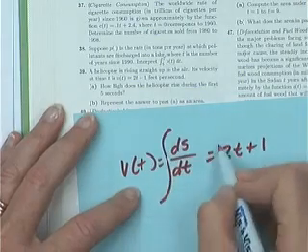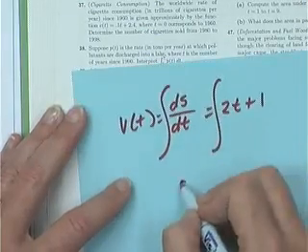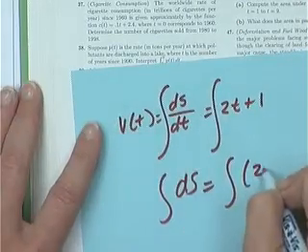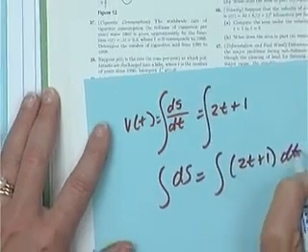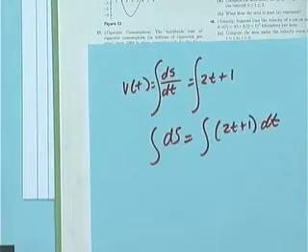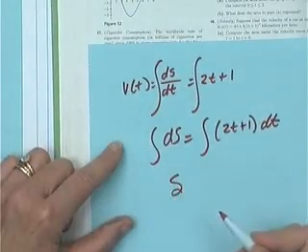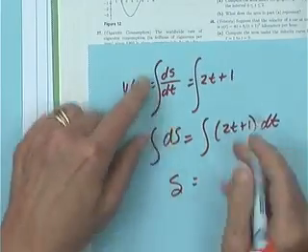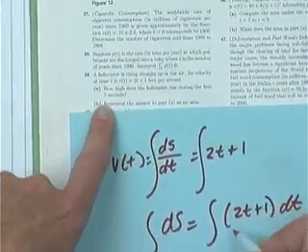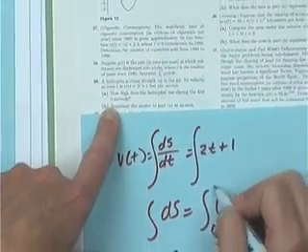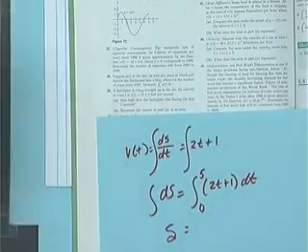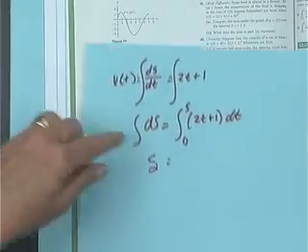This is more than you want to know, but you bring your dt over. If I'm anti-differentiating change in distance, that gives me distance. Now it wants to know exactly during the first 5 seconds. So that would be from time equal to 0 to time equal to 5.